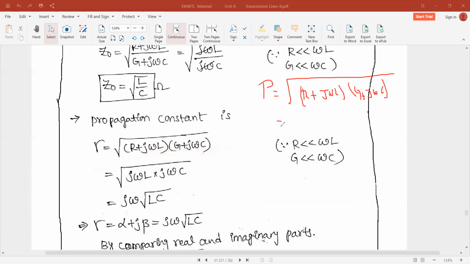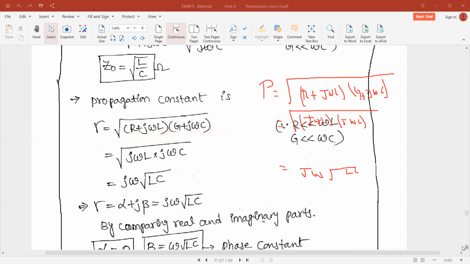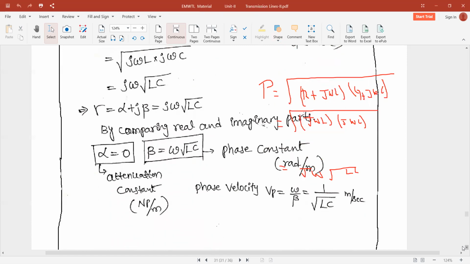For the lossless line, R is neglected against j omega L and G is neglected against j omega C in the radio frequencies. We get under root of j omega L into j omega C, that is j omega root LC. The gamma is nothing but the propagation constant. Gamma is equal to j omega root LC.